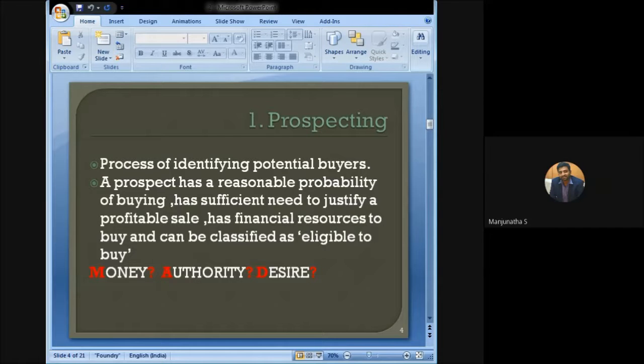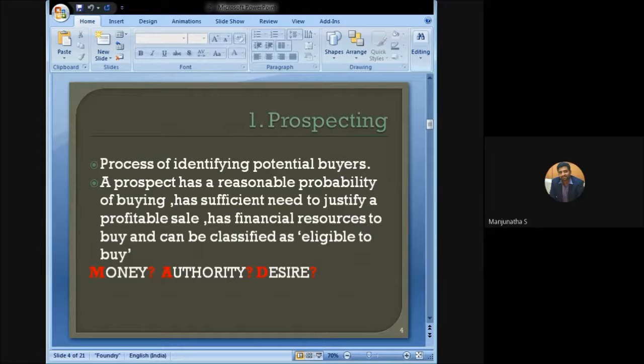A prospect has a reasonable probability of buying, has sufficient need to justify a profitable sale, has financial resources to buy, and can be classified as eligible to buy. Which means the prospect is the person who is probably going to purchase the product and who has sufficient money to purchase.